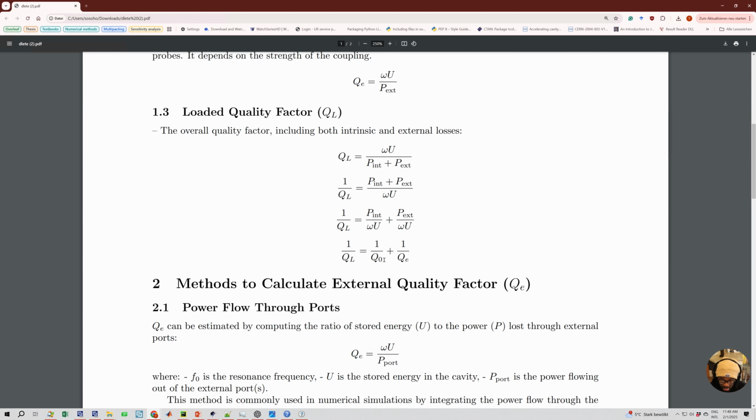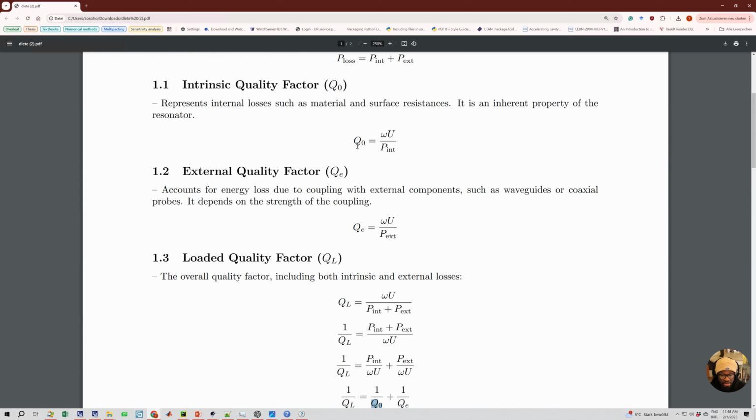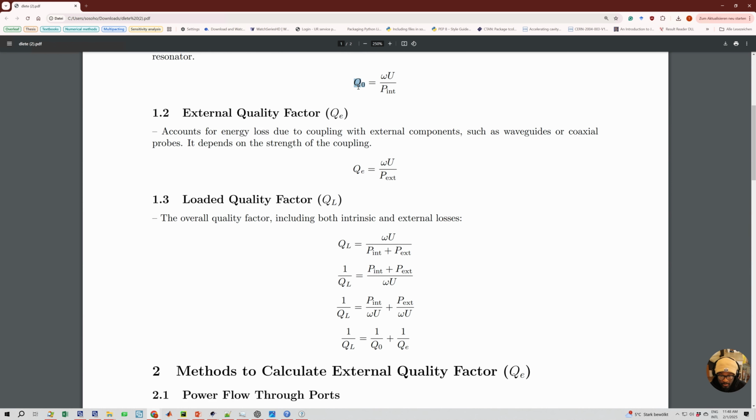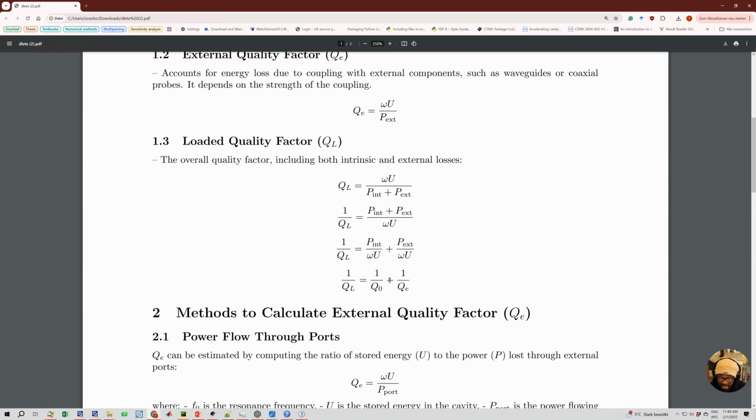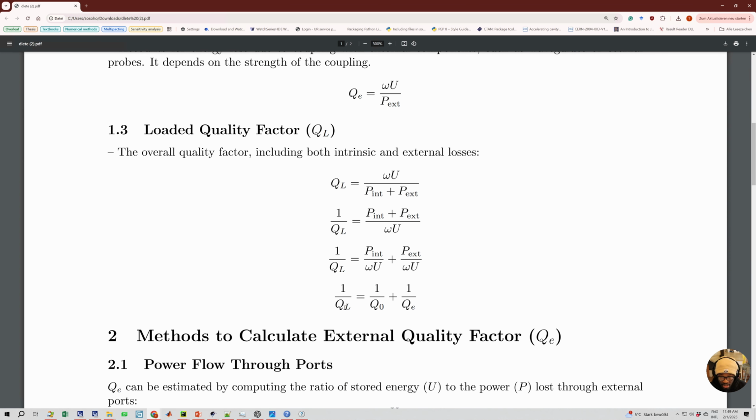What can we say from this? For superconducting cavities, as I just mentioned, the intrinsic quality factor tends to infinity. So this particular term would tend to zero, which means that your loaded quality factor is approximately equal to your external quality factor.